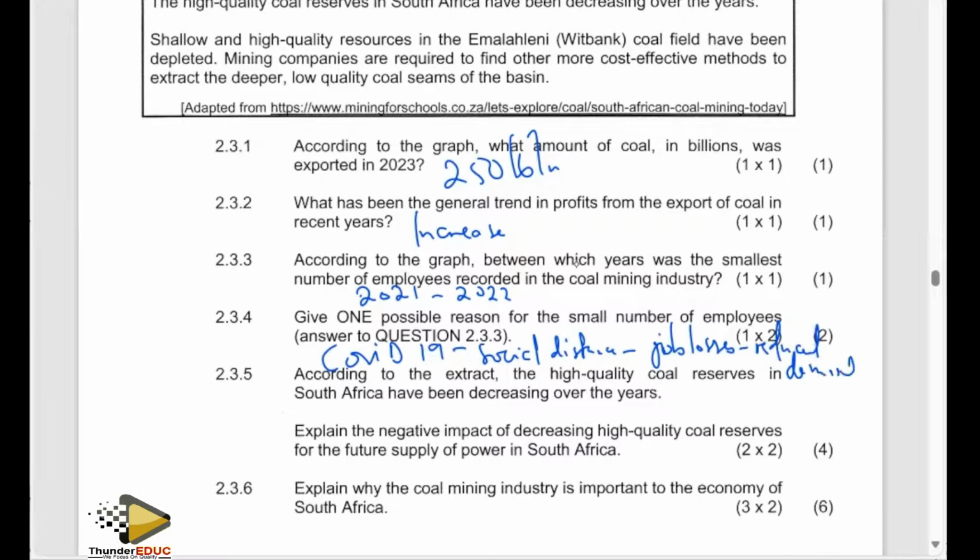It led to a downfall in the workforce size employed in the mining sector and across other sectors also. Right, that was the reason.